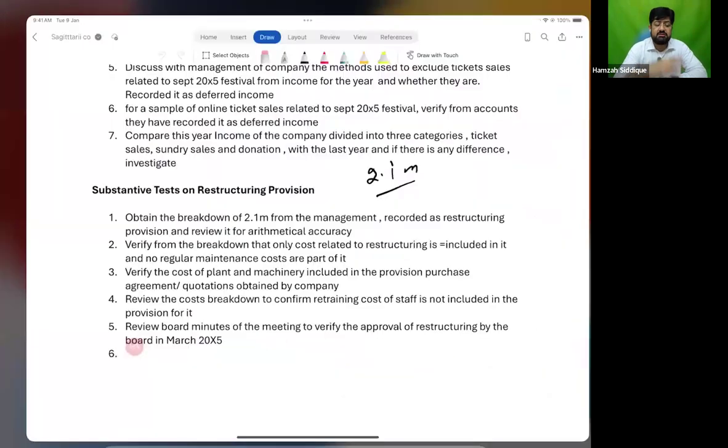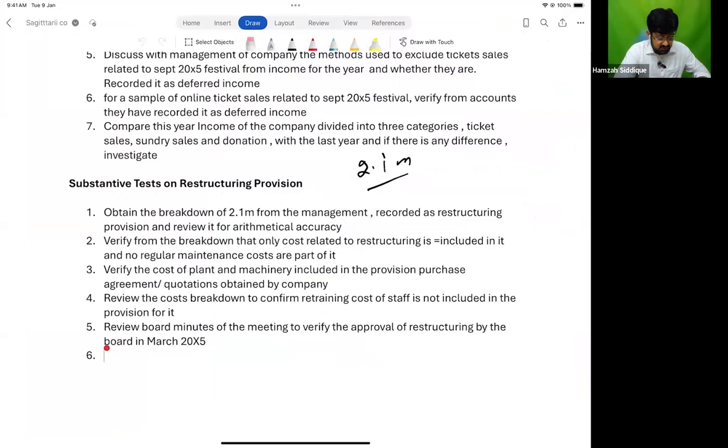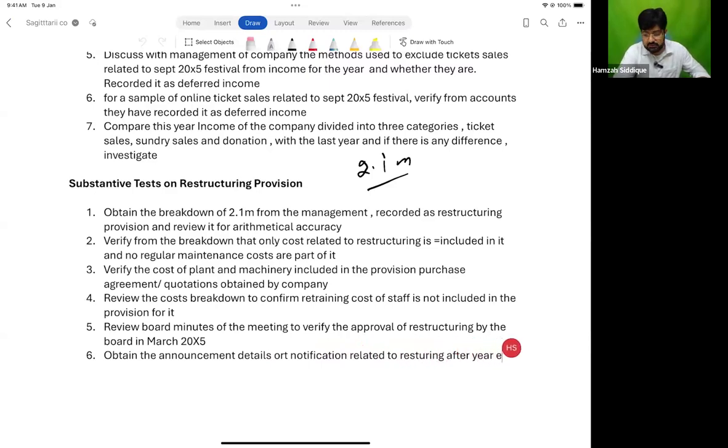Now, how to verify that it was announced? Obtain the announcement details or notification related to restructuring to be implemented after year end, and verify it was announced before this year end.